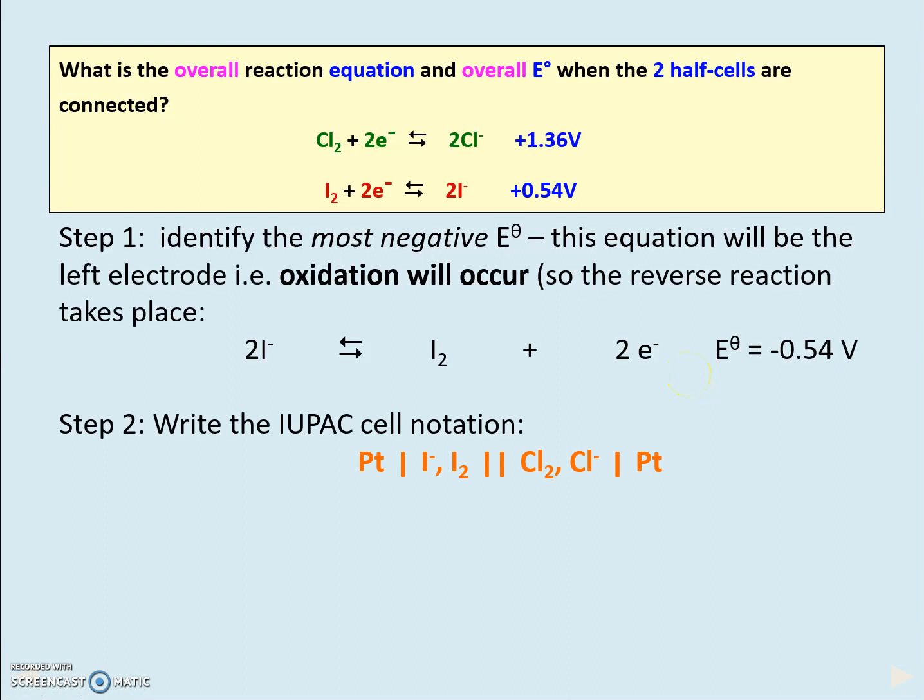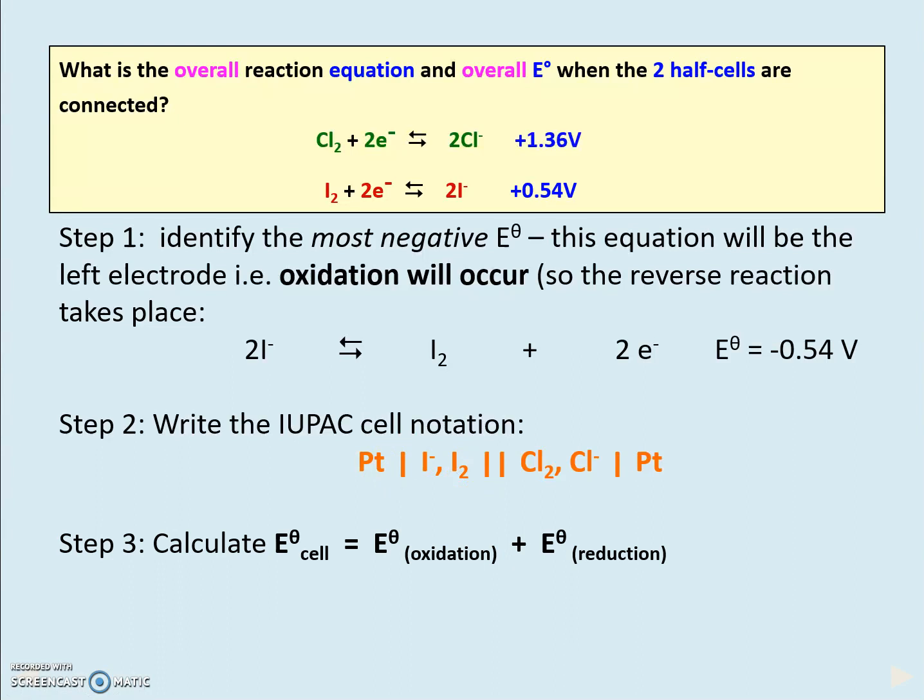Write the cell notation. Again, I'm just assuming that the iodine and the chlorine are aqueous at this point, just for simplicity's sake. So we're separating the iodide and the iodine with commas, same for chlorine and chloride, and we're using our platinum electrodes.